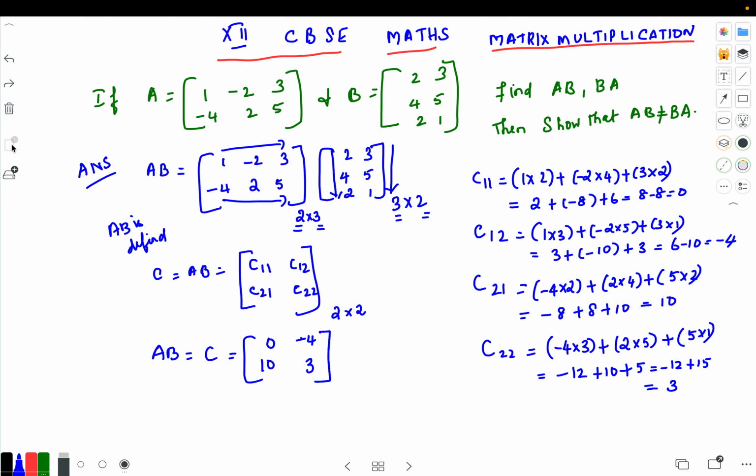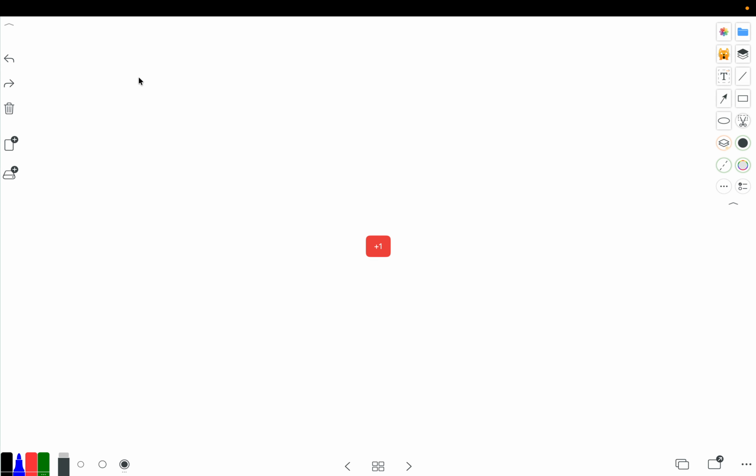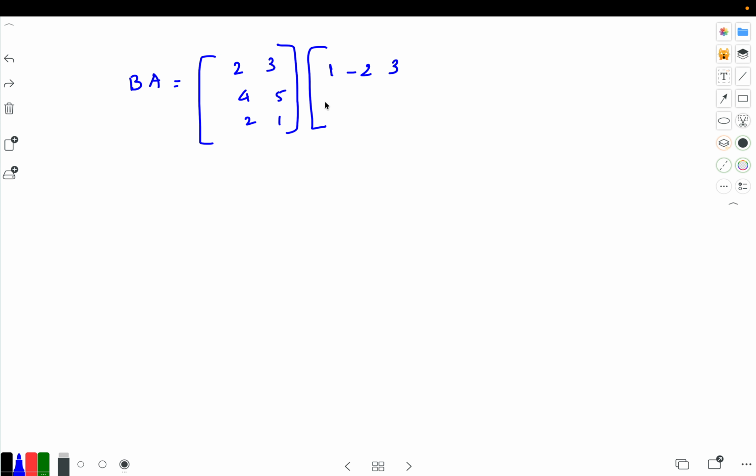Next we have to find BA. First we write matrix B, which is [2, 3; 4, 5; 2, 1], then matrix A, which is [1, -2, 3; -4, 2, 5].